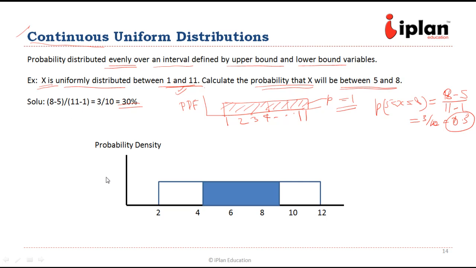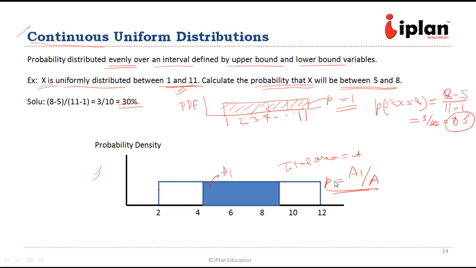Similarly, in the graph below, it is shown that the shaded area is the favorable outcome, and the complete area is the total outcome. So we know this area A1, and if we say the total area is A, the probability of the value falling in this range will be A1 divided by A. So that will be the probability.